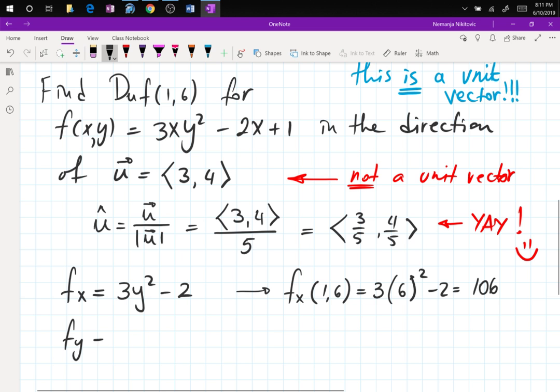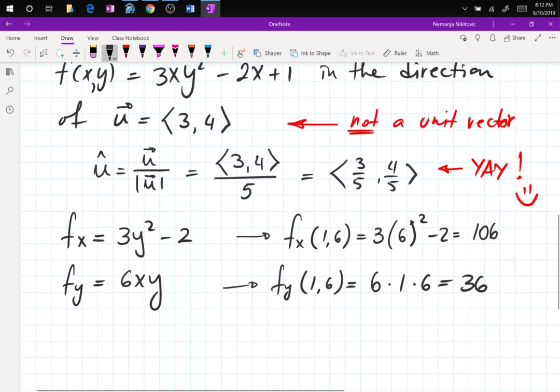Then we find fy. Fy is 6xy, and we need fy at (1, 6) because we are looking for the derivative at (1, 6), and that is going to be 6 times 1 times 6, which is 36.